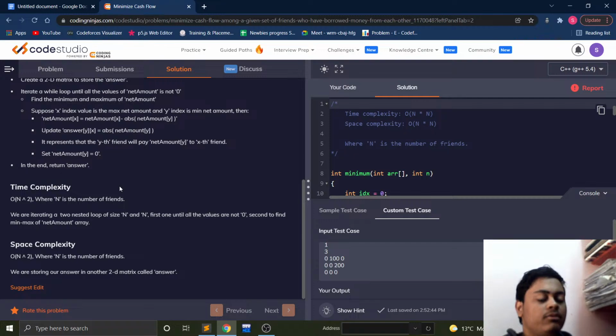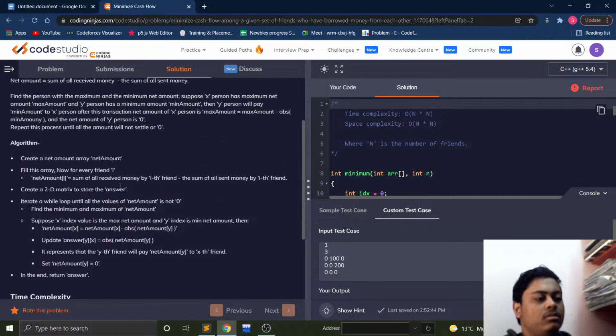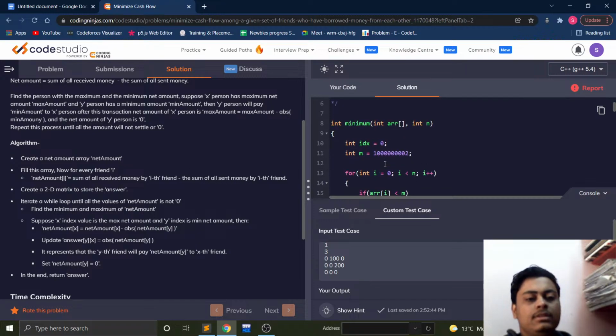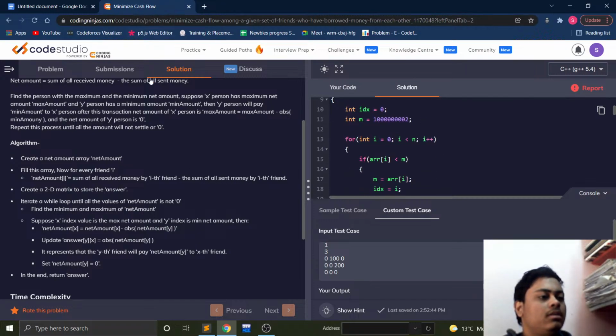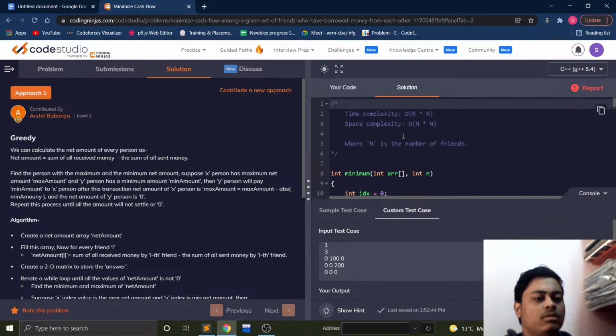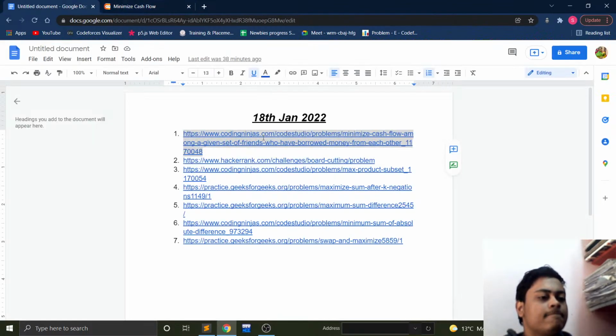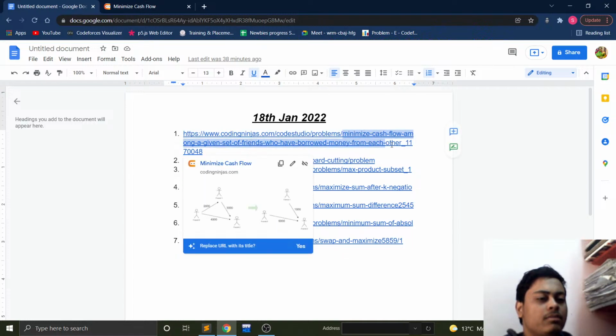Is it not somewhat similar to what I am doing? Wait. This problem is minimize from each other.